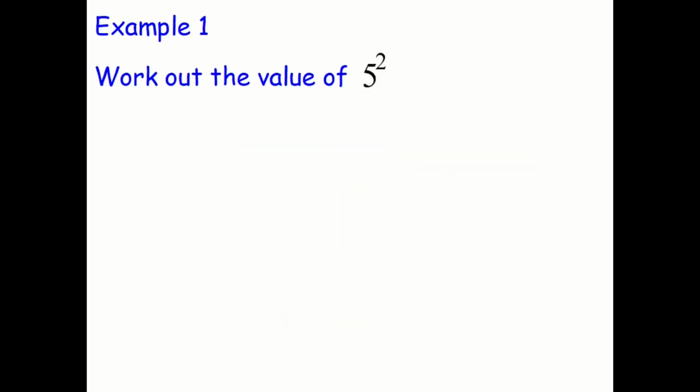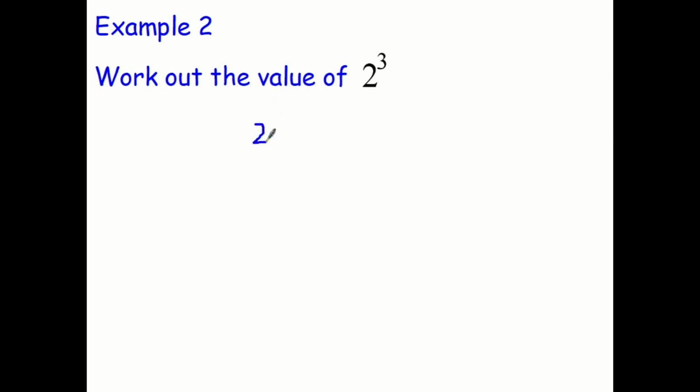Okay, let's have a look at some examples. Example number 1. Work out the value of 5 squared. So we know it means that we multiply the number by itself twice. So I'm doing 5 multiplied by itself twice. 5 multiplied by 5 is 25. It's not 5 multiplied by 2, it's 5 multiplied by itself. Example number 2, work out the value of 2 cubed.